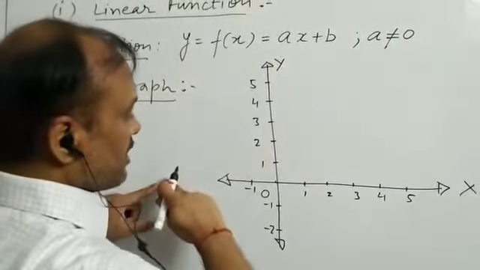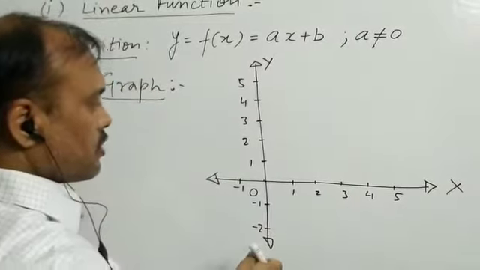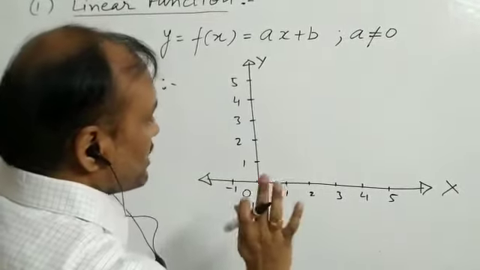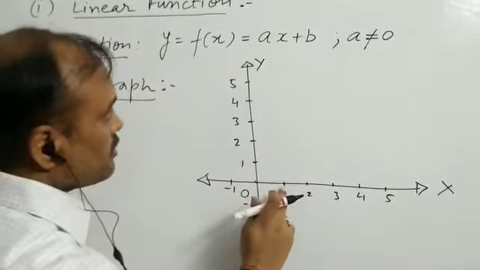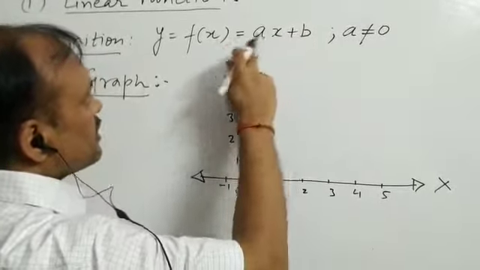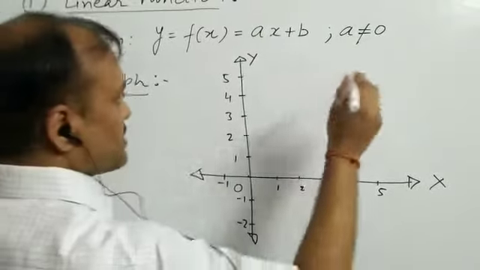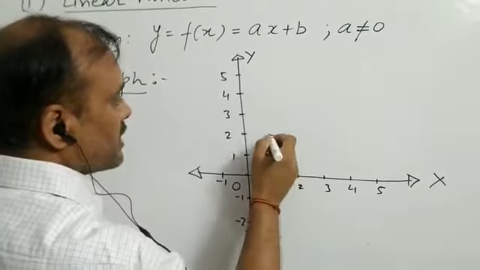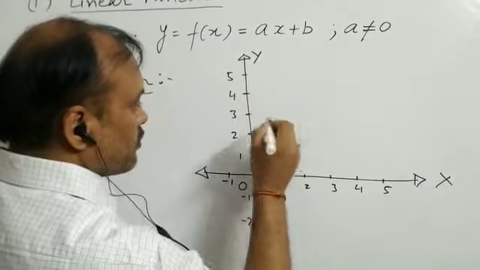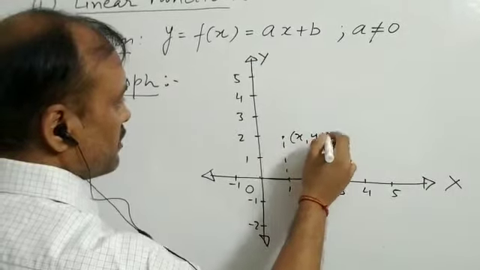Now all the real numbers are there on the x axis and all real numbers are there on the y axis. Now if you take some real number value of x and put it over here, you will get some real number value of y. Those pairs of x and y, when plotted, let's say this value is x1 and the corresponding value of y is y1, then this point is (x1, y1).